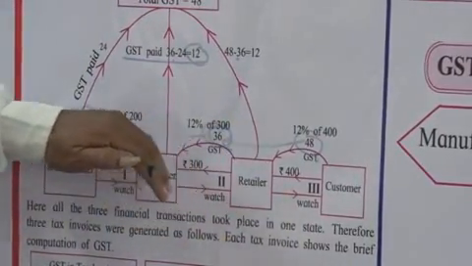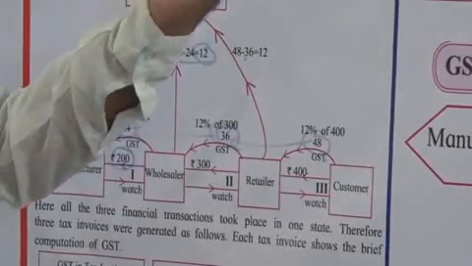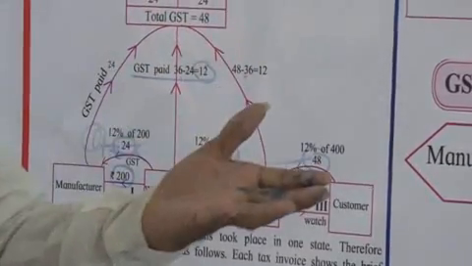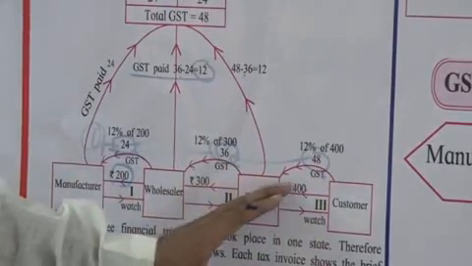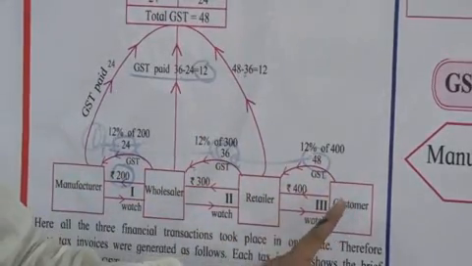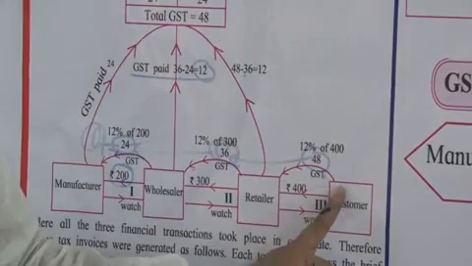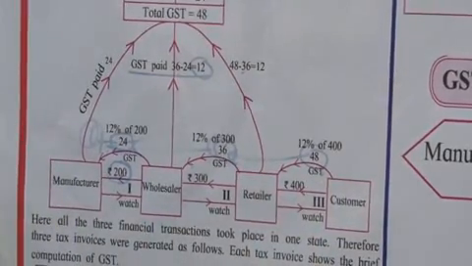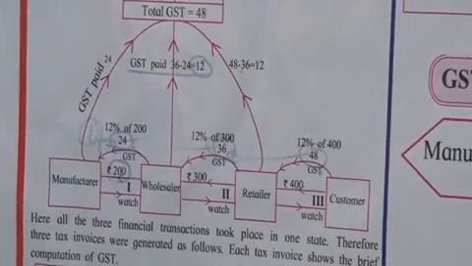But they all get back what they submitted to the government. When they file their GST return, they get all their GST back, and the whole 48 rupees is collected from the customer. It means the GST is paid by the customer only.